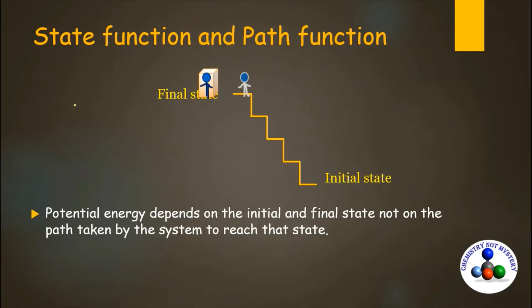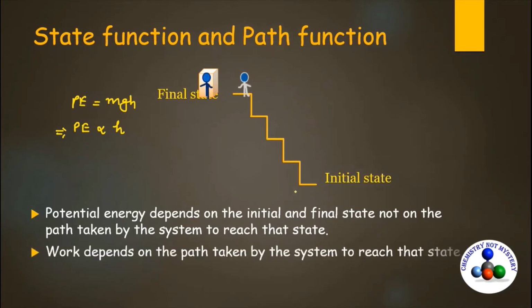As you studied in physics, potential energy is mgh. So potential energy is directly proportional to the height of the object from the ground. In this way, both guys will have the same potential energy, irrespective of the path followed by both persons.